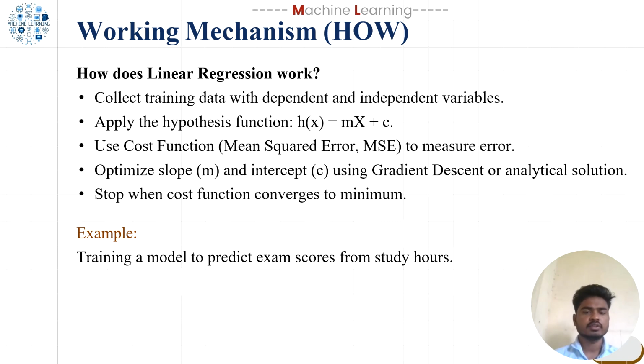Step 4: Reduce the error by adjusting m and c using gradient descent. Step 5: Stop when the error is minimized. An example of this mechanism is predicting exam marks based on hours you studied.